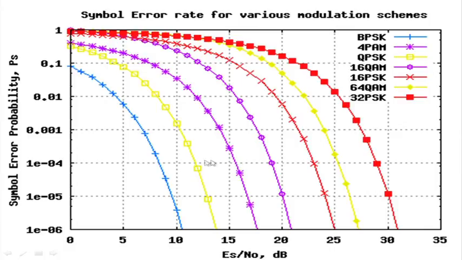That means you need more power. Let us take BER 10 to the power minus 4 or symbol error rate 10 to the power minus 4. For BPSK, this amount of ES by N naught is required to get this error. For QPSK you need more ES by N naught to get this error. For 32 PSK you need much more.